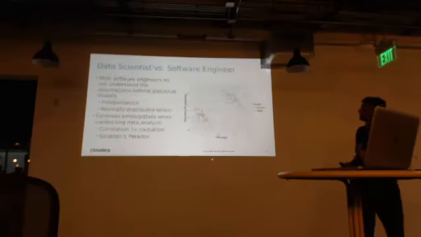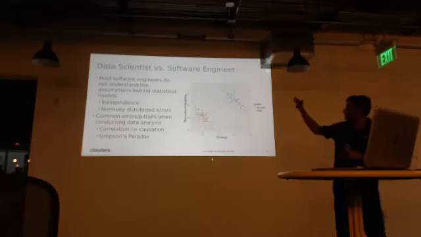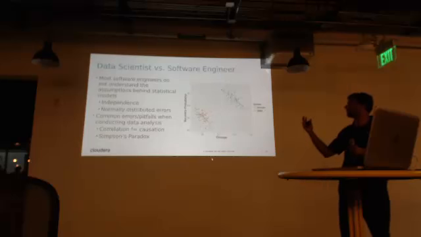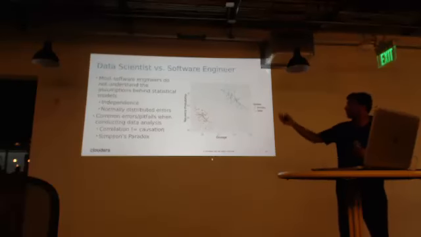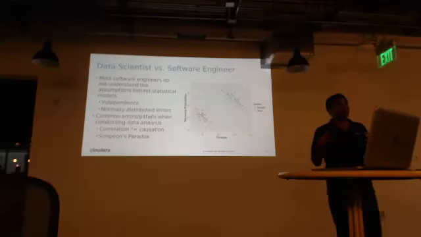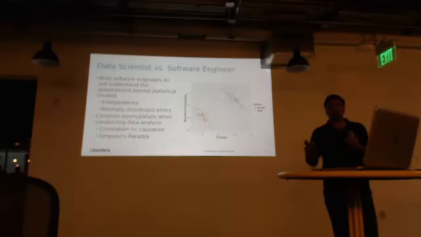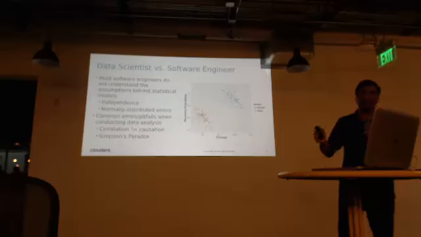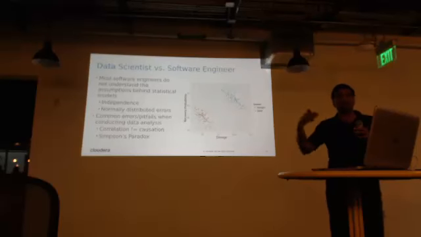So with that, a reiteration of the differentiation between data scientists and software engineers. Most software engineers don't understand what the statistical assumption of a model is. You give them a model, K-means clustering for example, and explain what the algorithm is supposed to do, and they will code it.